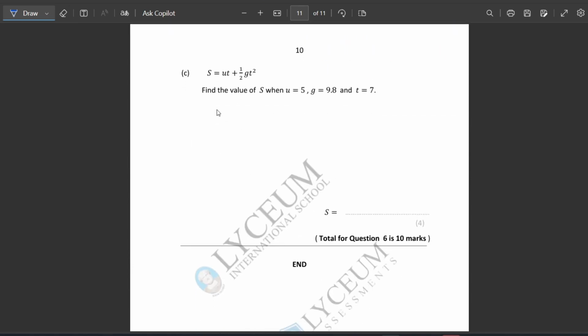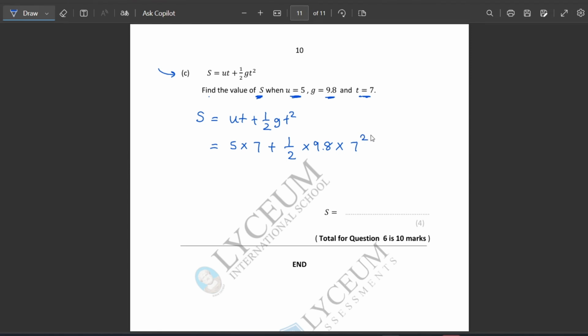Okay, and in the C part, we have to find the value of S when U equals 5, G equals 9.8, T equals 7. We have to substitute. This is the equation. So U equals 5, T equals 7 plus half times 9.8 times 7 square.